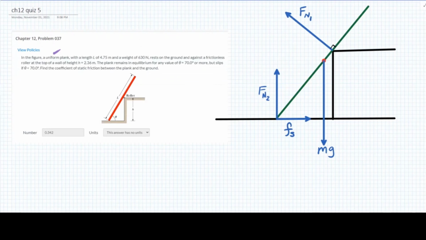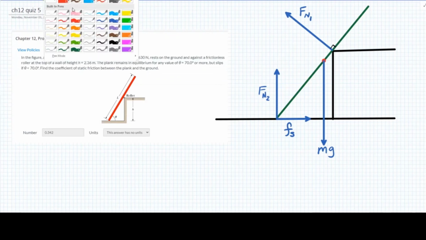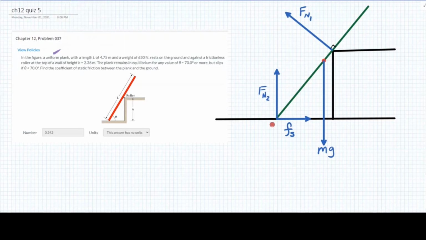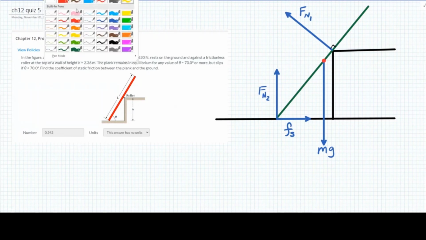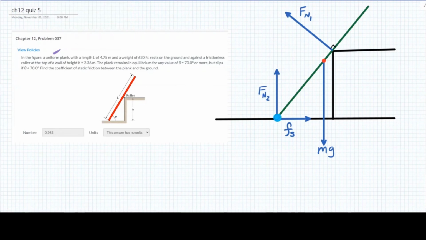I'm not seeing a physically obvious axis of rotation. I'm thinking, is this my AOR, or maybe this my AOR? Nothing's popping out as obvious, so I'm going to call this my AOR right there.